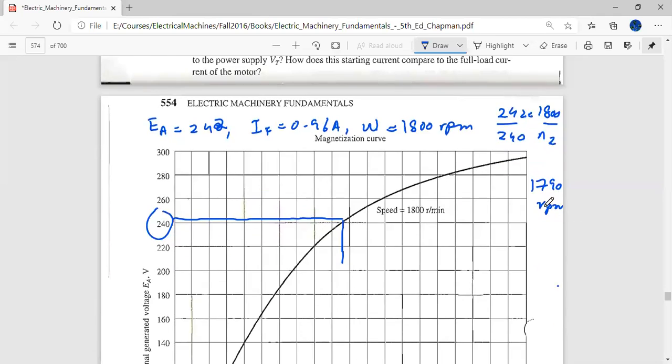This value is very close to 1800, but you have to carefully read this curve for 0.96. So it will not be exactly equal to 240, something deflected from 240. And the answer is this.